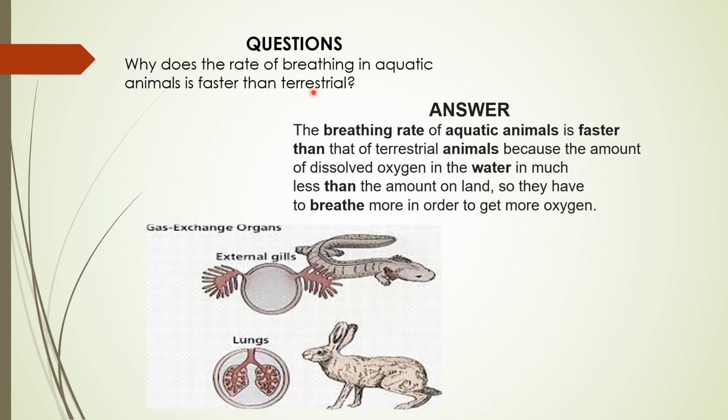So to maintain respiration, aquatic animals need to take more oxygen than land animals within the same time period. That's why the rate of breathing in aquatic animals is much faster than in terrestrial animals.